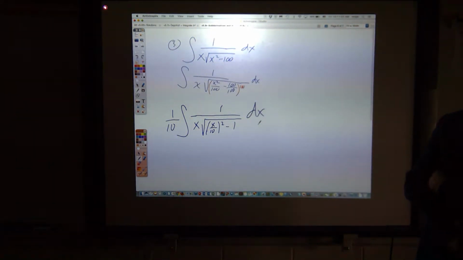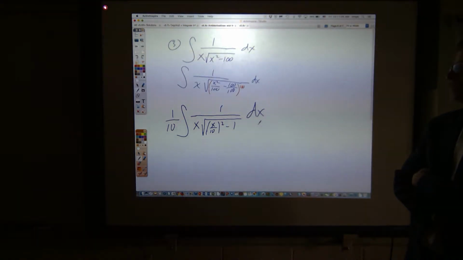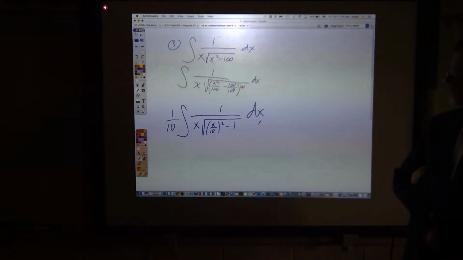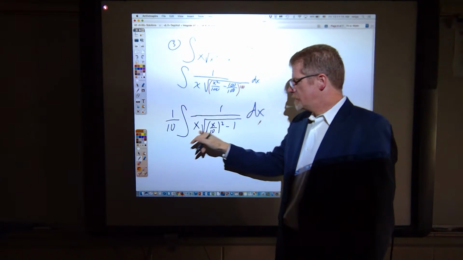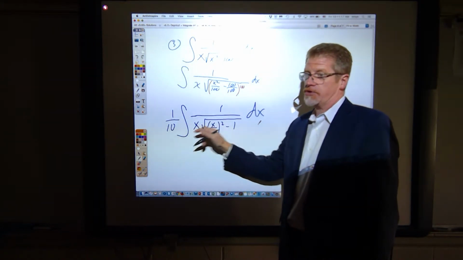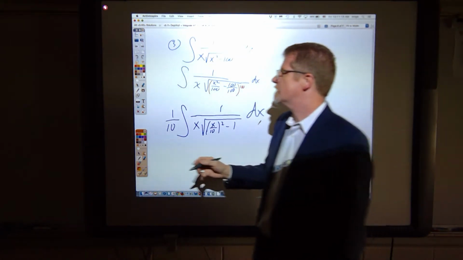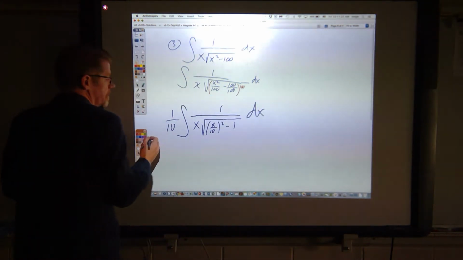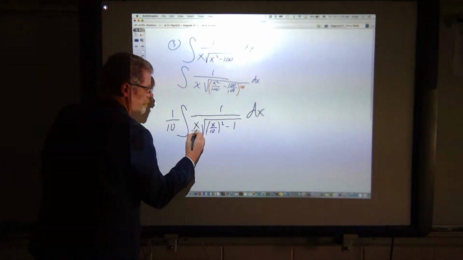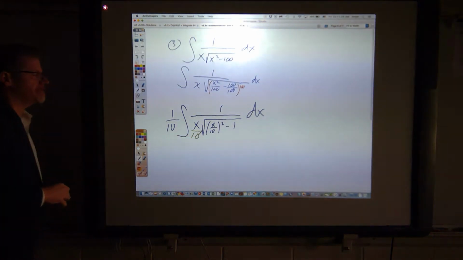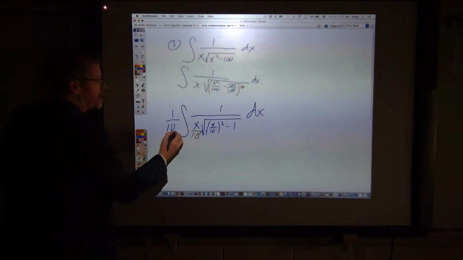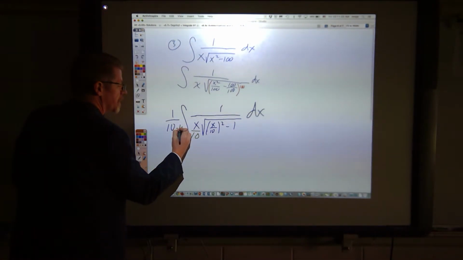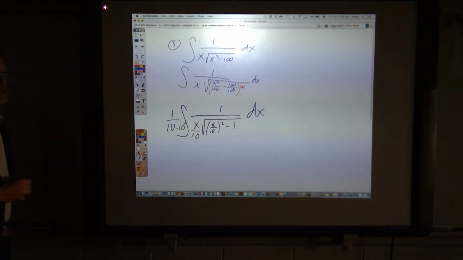All right, now I do want this expression to be the same as that expression. I do want to keep them the same. So I am going to do some additional doctoring here. I'm going to divide the denominator by 10, which means I also have to multiply the denominator by 10.